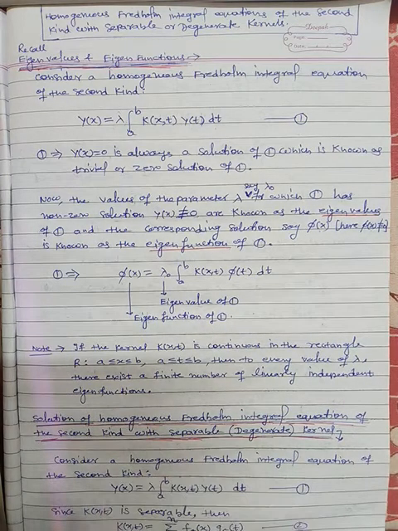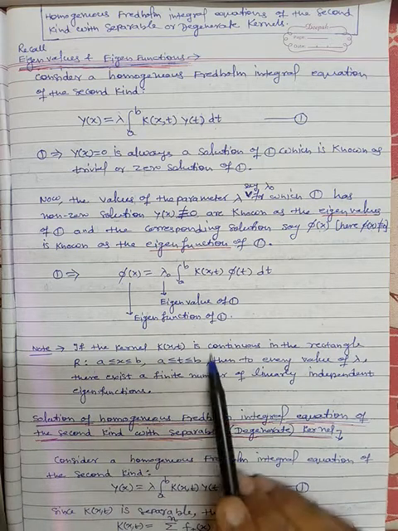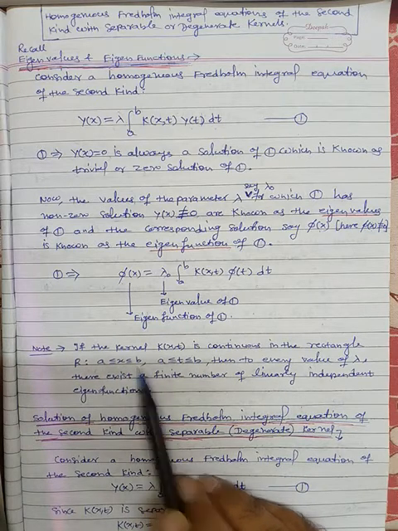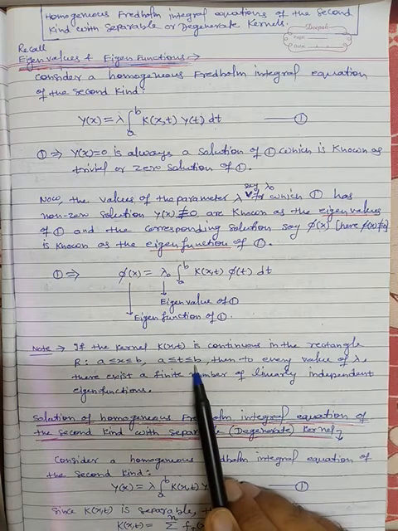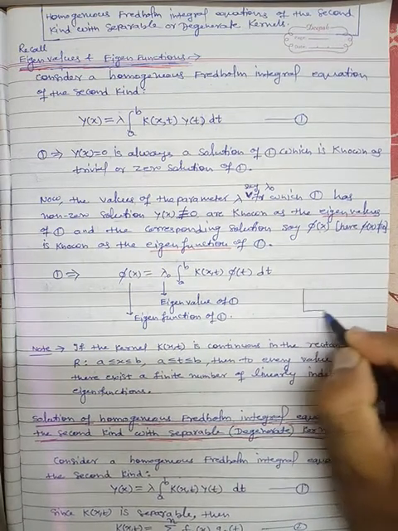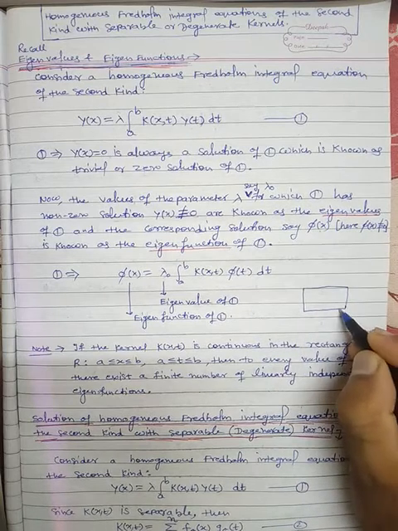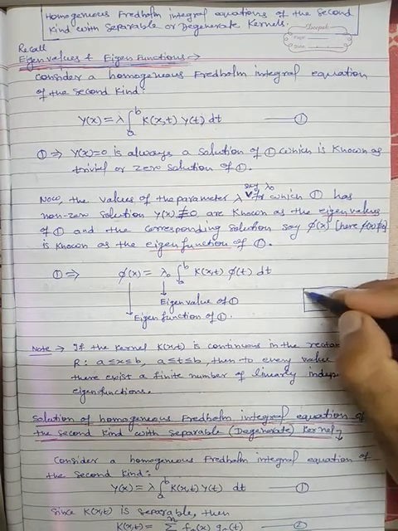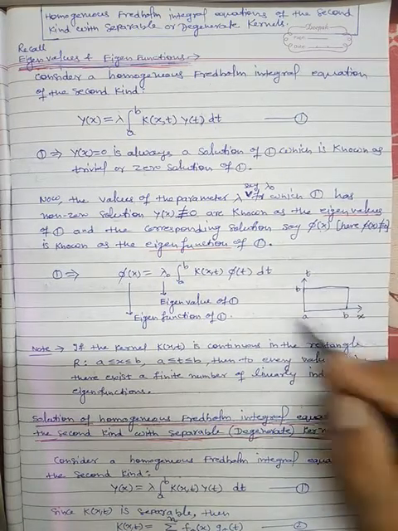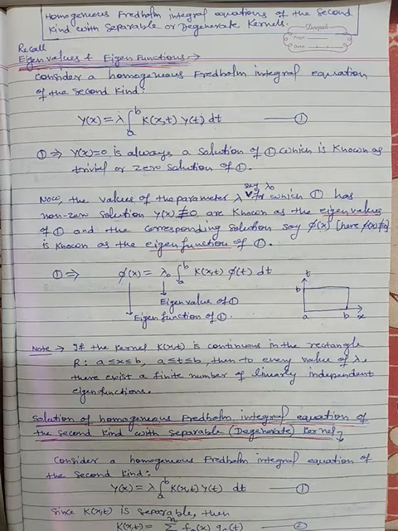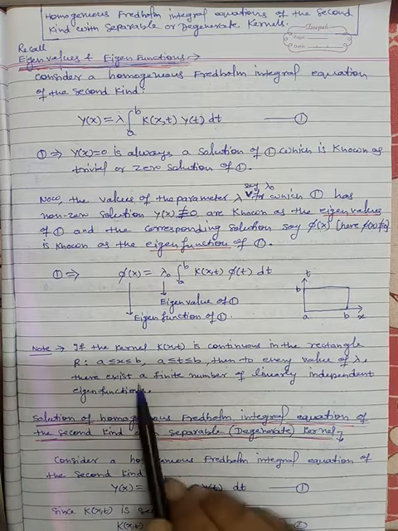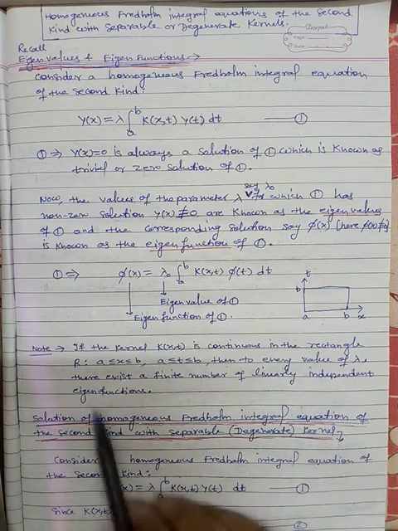Fine. Now we have a note. If the kernel K(x,t) is continuous in the rectangle R, which is defined by x from a to b and t from a to b, so this is a rectangle, with x-axis and t-axis, a to b, a to b, then to every value of lambda there exists a finite number of linearly independent eigenfunctions.